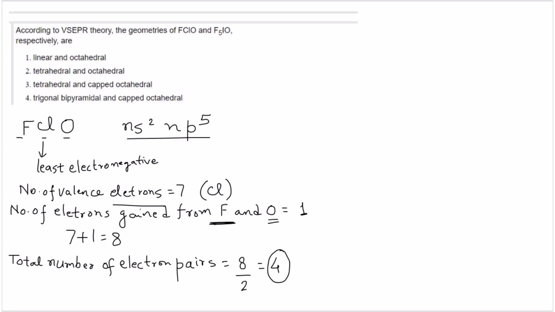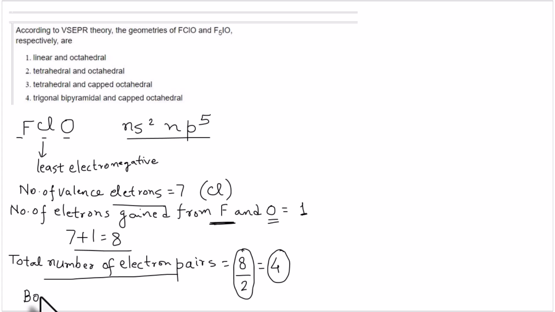And then we calculate the total number of electron pairs by dividing the total number of electrons by a factor of 2. So we have here the total number of electron pairs as 4. Okay. Now how many bond pairs do we have? So these are all the steps which are involved in VSEPR theory. You can just recall and understand the steps.